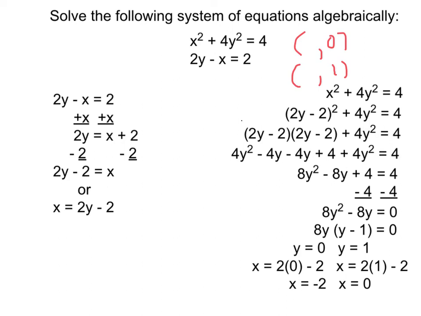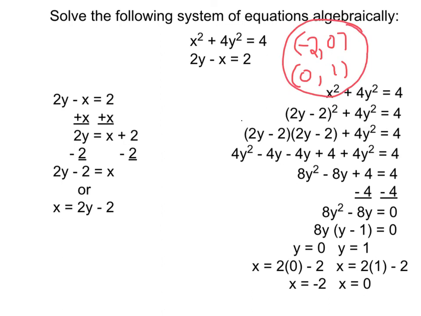So what we can do now is we can go back up top, and we can say that when y is equal to 0, the x value that corresponds with it is negative 2. And when y is equal to 1, the x value that corresponds with it is 0. So these are our 2 points of intersection.